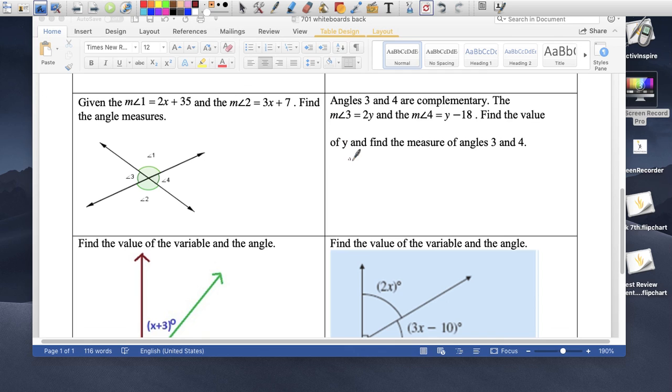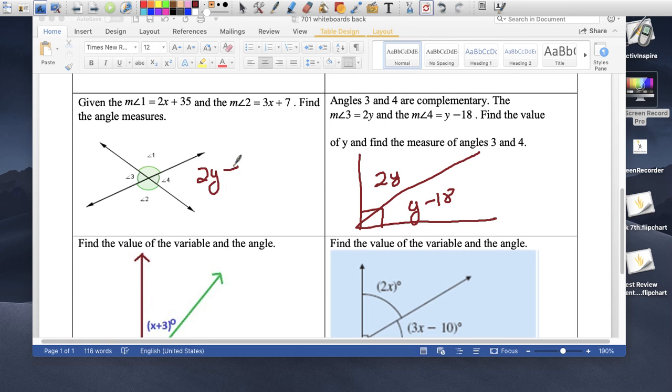Okay, so we have two angles that are complementary, so remember it adds to 90. So here's my 90 degree angle. One angle is called 2y, and the other one is called y minus 18. Find the angles. So our equation is going to be 2y plus y minus 18 equals, careful here, has to be 90. 2y and y is 3y.